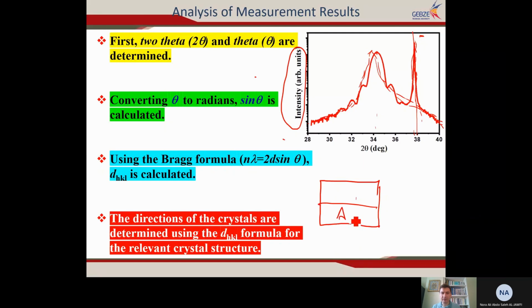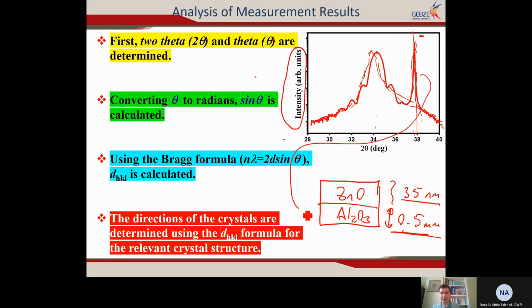Here, as a substrate, I have aluminum oxide, and here I have zinc oxide. The thickness of the zinc oxide is around 35 nanometers, and the thickness of the aluminum oxide is, let's say, around 0.5 millimeter, very thick compared to the zinc oxide film. So if you see such a sharp peak in the X-ray diffraction data, you can easily say, without any analysis, that this may belong to the aluminum oxide.